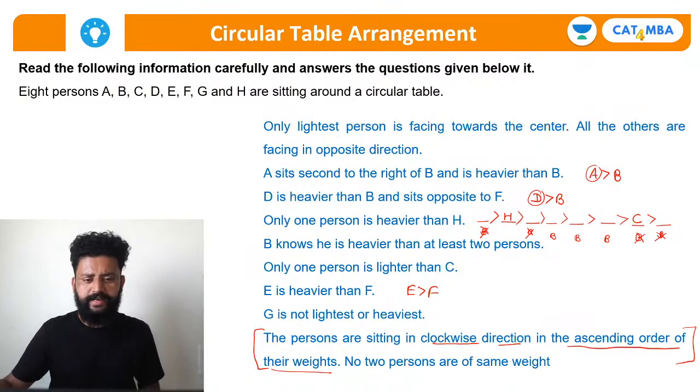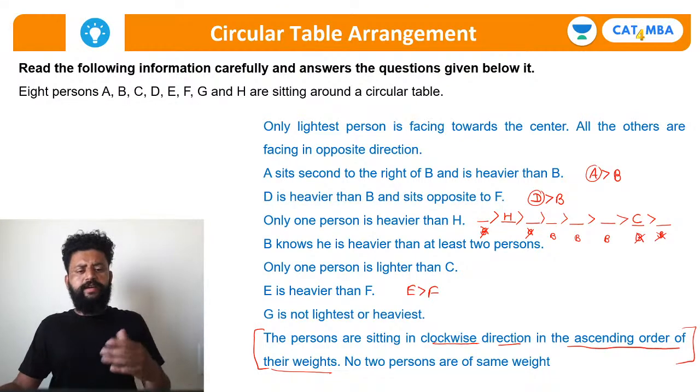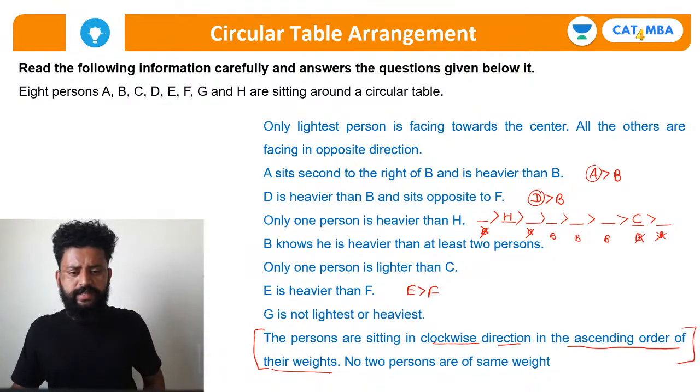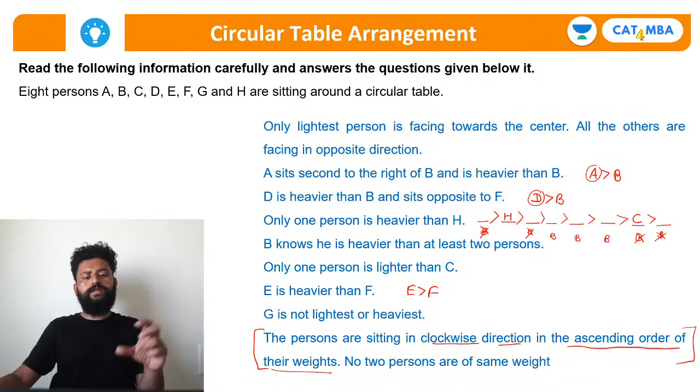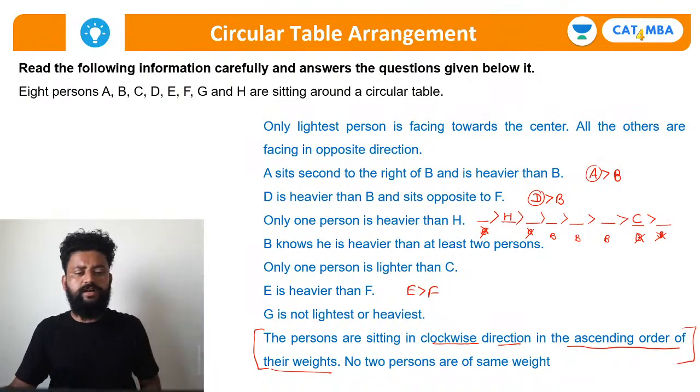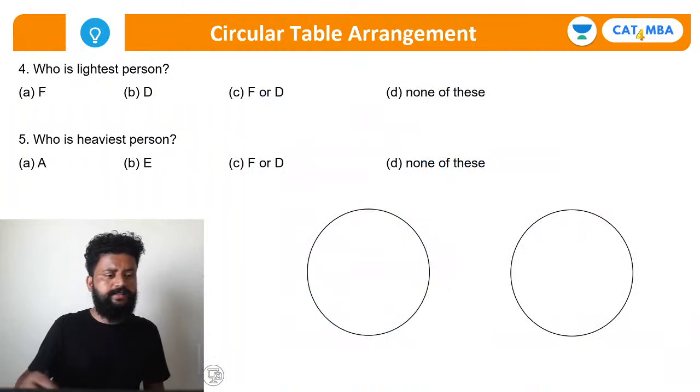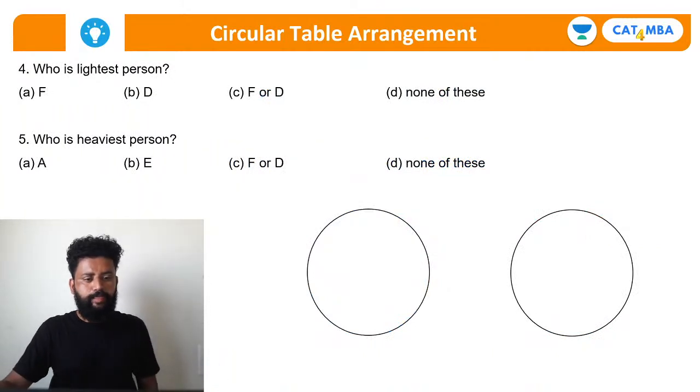Don't get into this because this is getting into too many possibilities. We still have 3 possibilities. It's not compulsory, you can go ahead with the possibilities as well. It's completely your choice, but this is a circular table arrangement, so we'll be more focused on getting the circular table arrangement. So let's try this way.